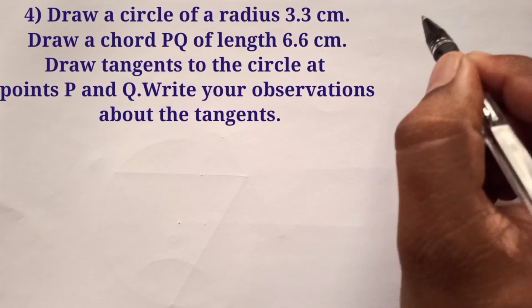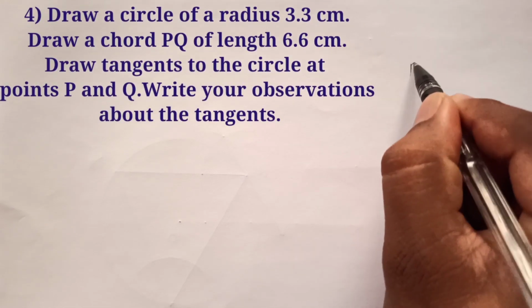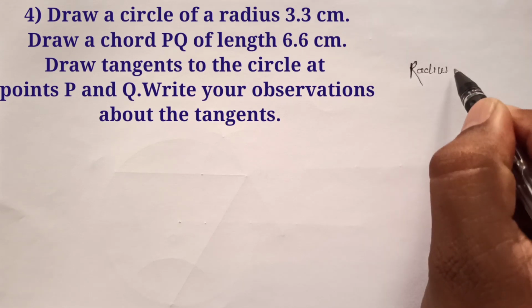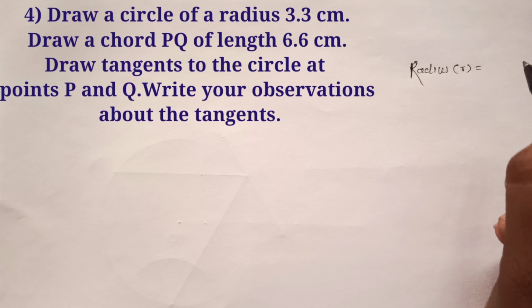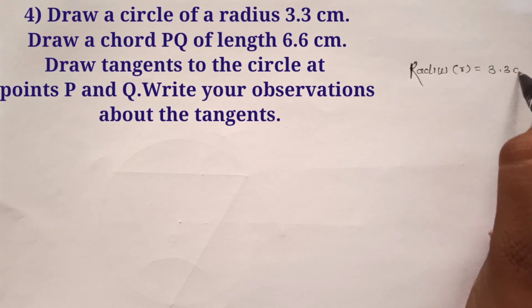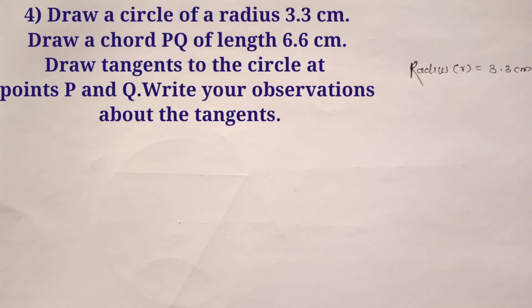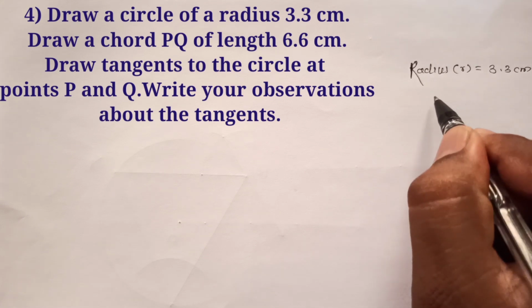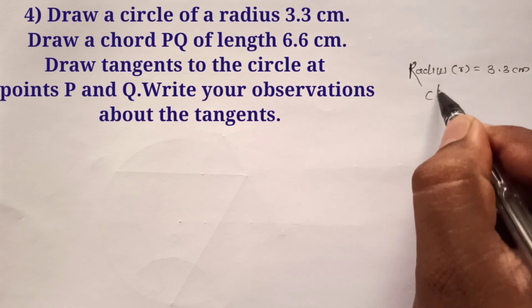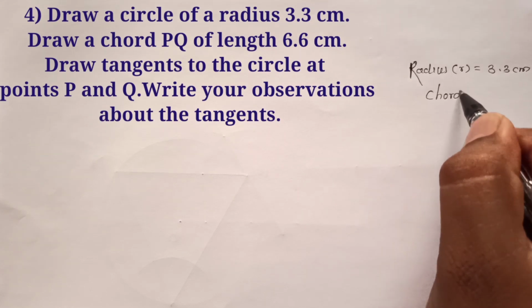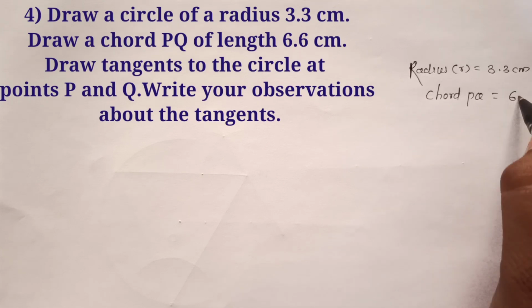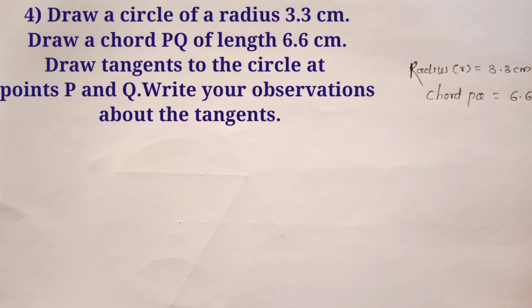So in this question, the radius of the circle, denoted by r, is 3.3 centimeter. Okay, and the length of the chord PQ is equal to 6.6 centimeter.